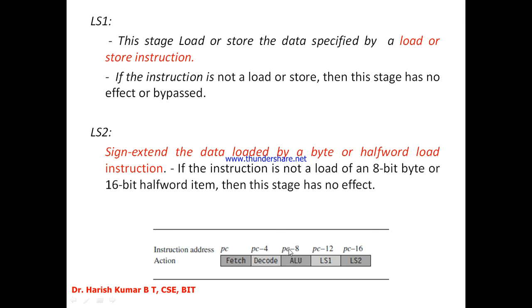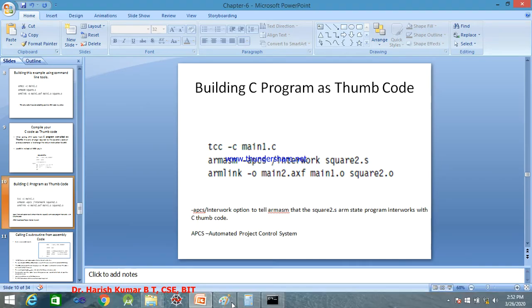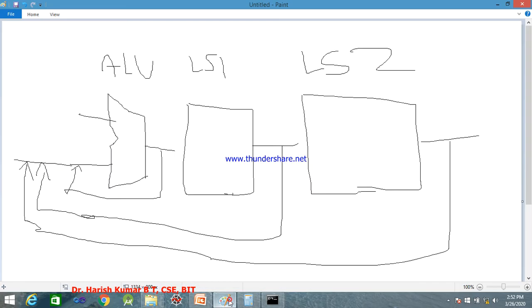So I will show you this with the diagram. Yeah, here I have written. See, I have not written properly. So this is the ALU, your execute stage. This is LS1 and this is LS2. Previous to this is the decode stage, and the ALU has two inputs. You can see here: this is one input, this is another input, and this is the output.